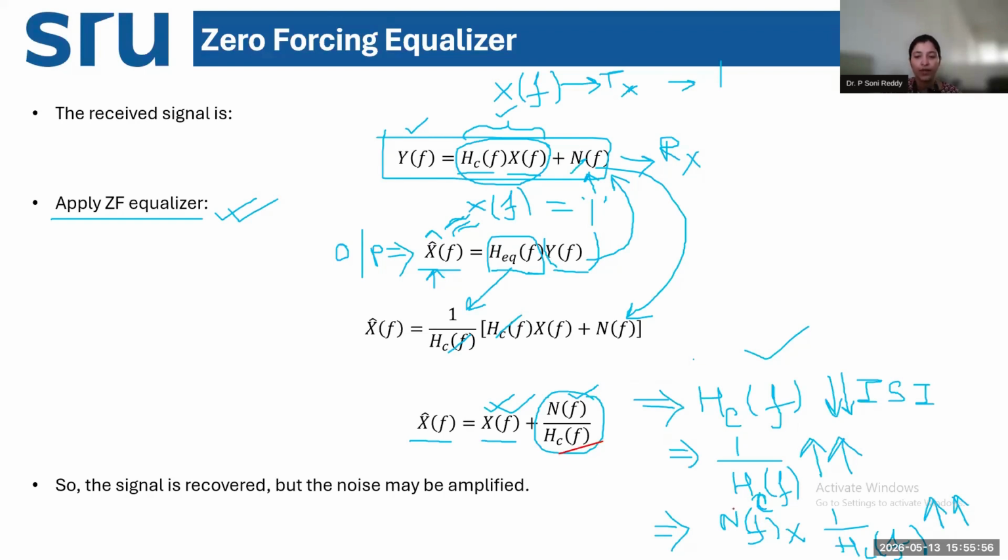The noise becomes very, very large compared to my desired signal X(f). So when noise increases, it actually overshadows the transmitted signal. So now the receiver has an additional challenge: it needs to remove this noise part and extract only the transmitted signal at the receiver side.